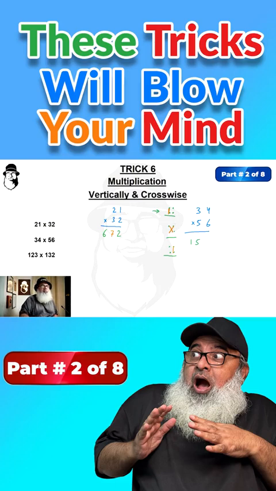So 3 times 6 is 18 and 5 times 4 is 20. 18 and 20 is 38. We write 38 like this. And the last step is 4 times 6 is 24. So we write 24 like this.